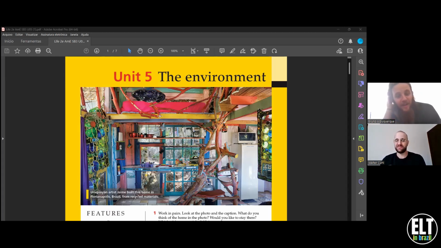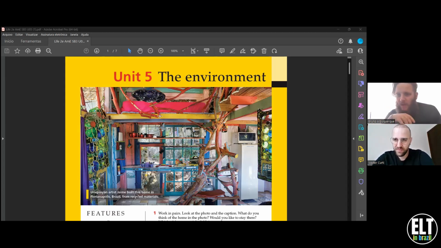Yes, definitely. So as a unit opener, we have a big title, easy to identify, and an interesting picture, and this is, I think, like a fingerprint of National Geographic materials, right? Beautiful pictures with a lot of context, and you rarely have those cold stock pictures.